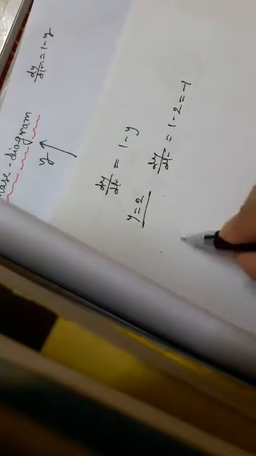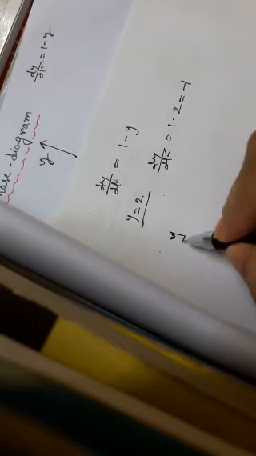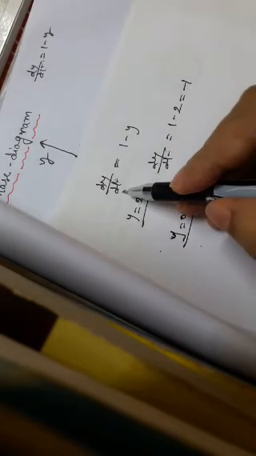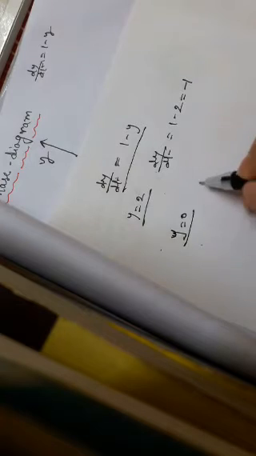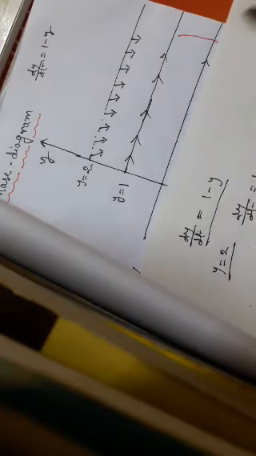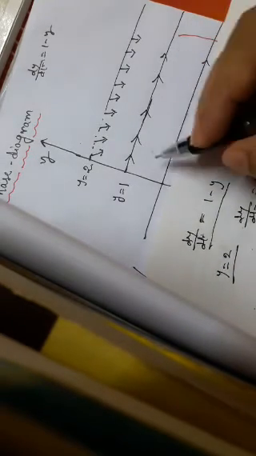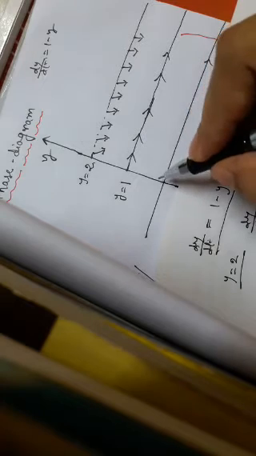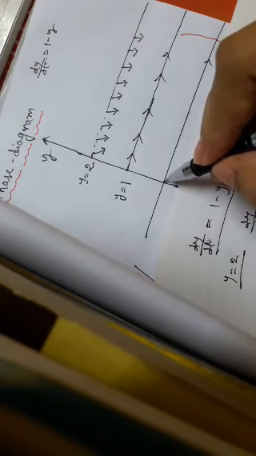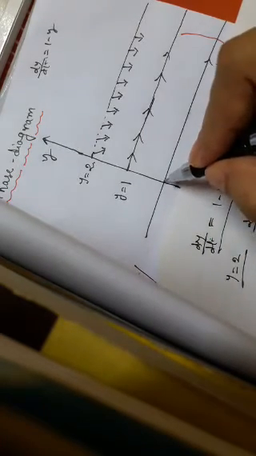Now see, if I consider y equal to 0 in our differential equation, we get dy/dt is equal to 1. So slope is 45 degree, means on this line slope will be 45.